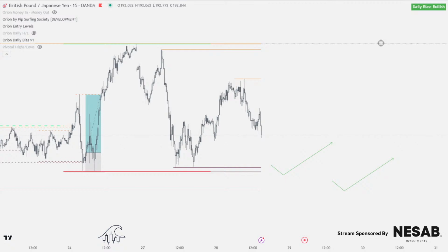Best available on TradingView only? Yes, unfortunately, because it started as a base script.